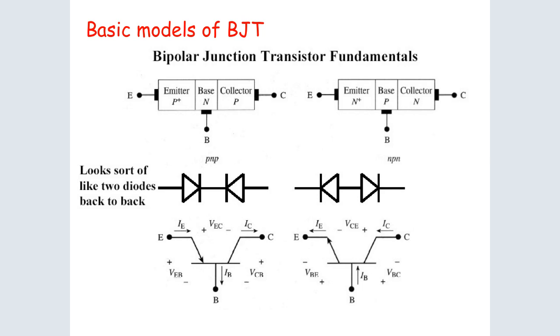Now, these terminals that are going to be formed from this transistor construction, we have names for them. Depending on the type of transistor in use, later on I'll introduce field effect transistors.